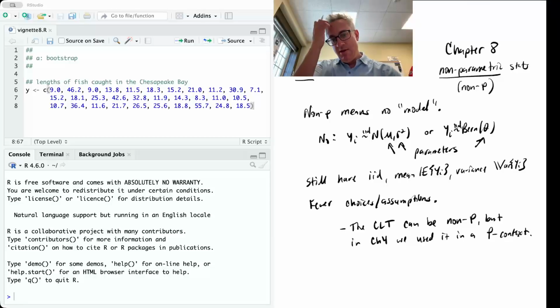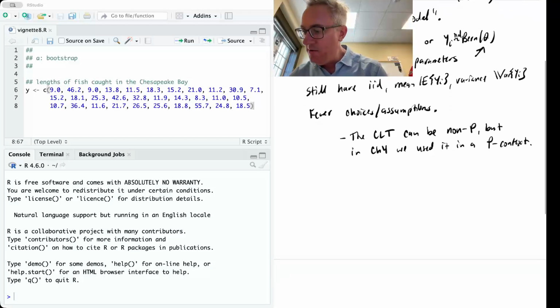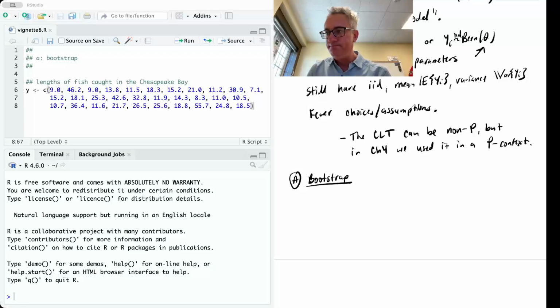All right, you'll get to see a lot more about what I mean over the next several chapters, beginning right now in part A of this video vignette with the Bootstrap. The Bootstrap is perhaps the simplest and also one of the newest, so the most modern nonparametric method in statistics. It's ideally suited to working with a computer, to simulation.